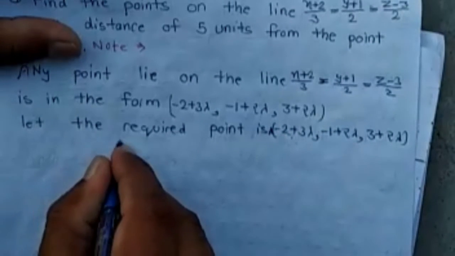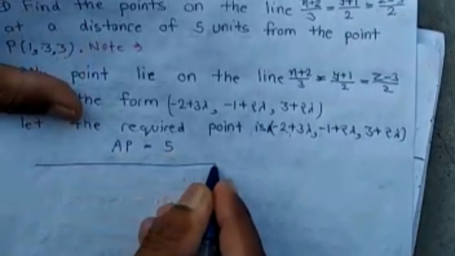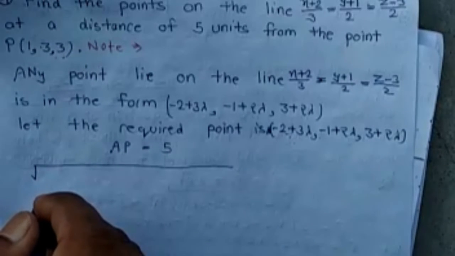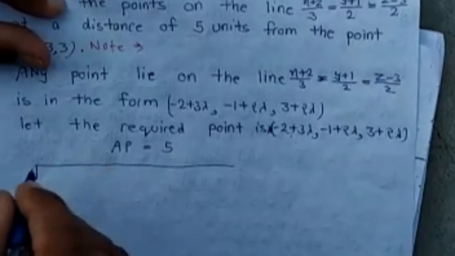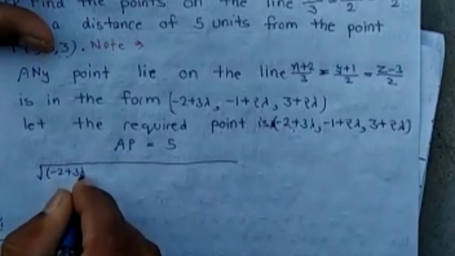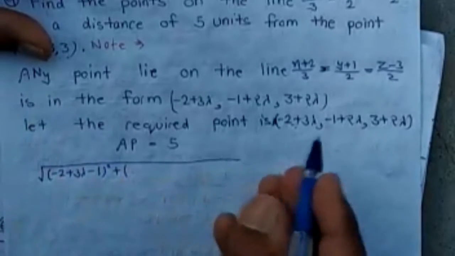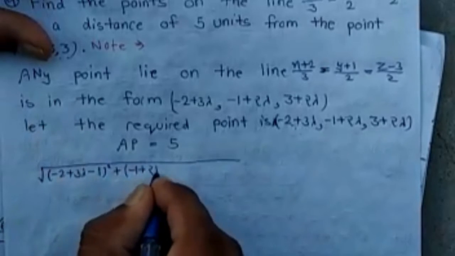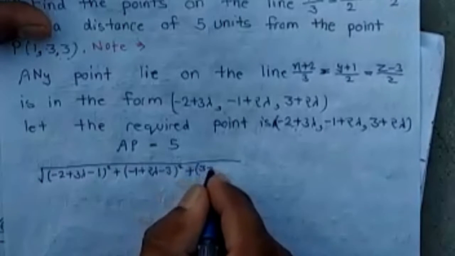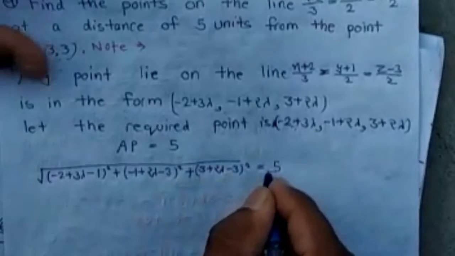Then we get AP equal to 5 units, means the distance between two points, which is given by square root of x2 minus x1 square plus y2 minus y1 square plus z2 minus z1 square. Means x2 minus x1: minus 2 plus 3 lambda minus 1, plus y2 minus y1: minus 1 plus 2 lambda minus 3, plus z2 minus z1: 3 plus 2 lambda minus 3, square, equal 5.